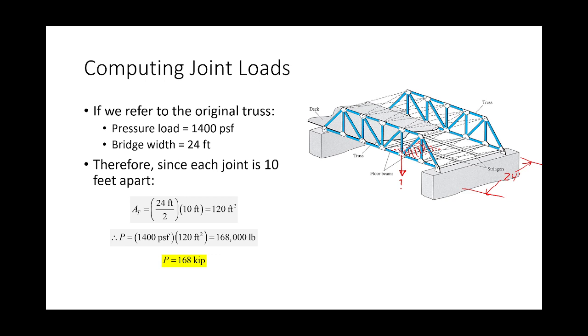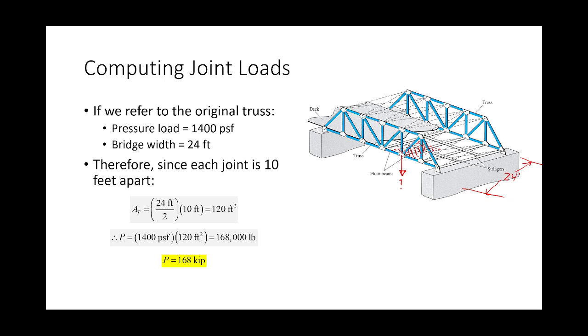So here's your truss, and I'm not going to draw all the members inside, but this is going to have 168, 168, 168, 168, 168, 168. What do you think the loads would theoretically be on the ends?